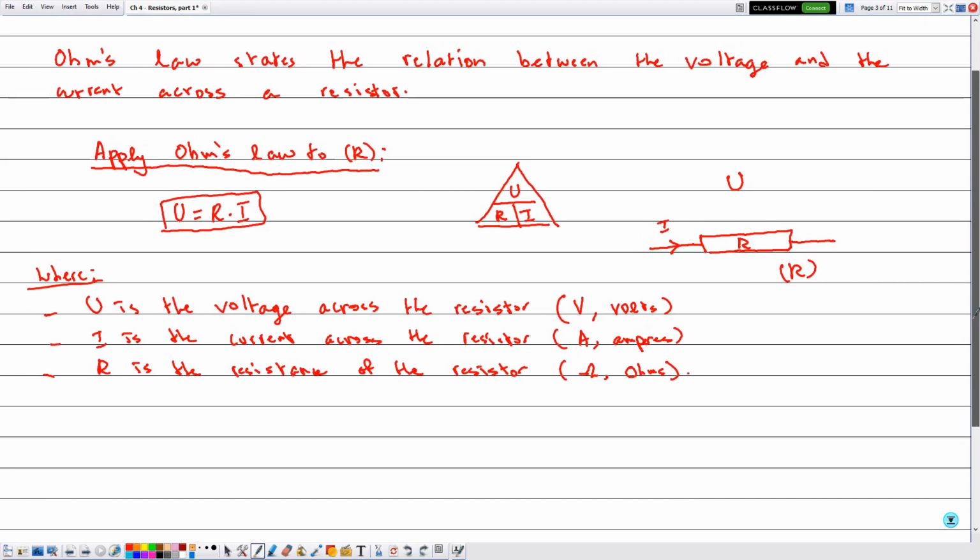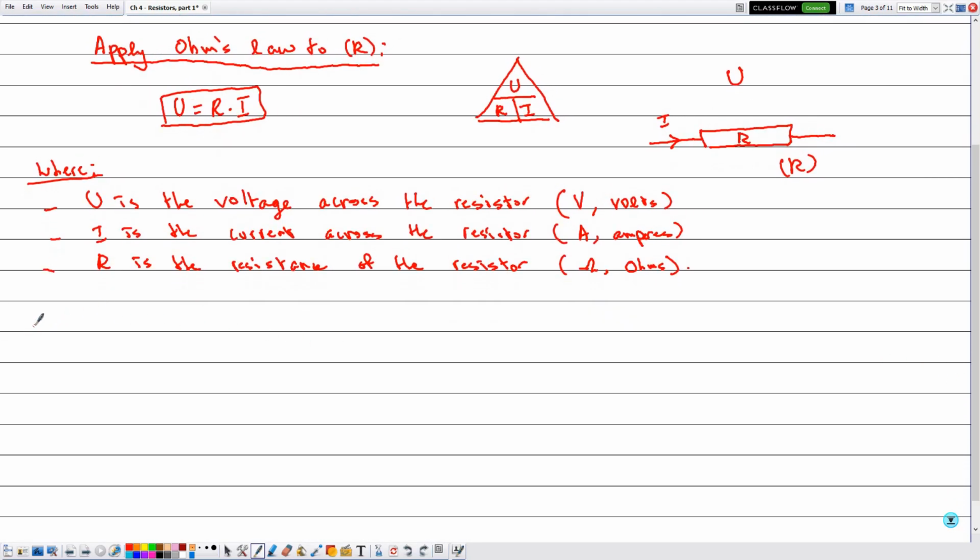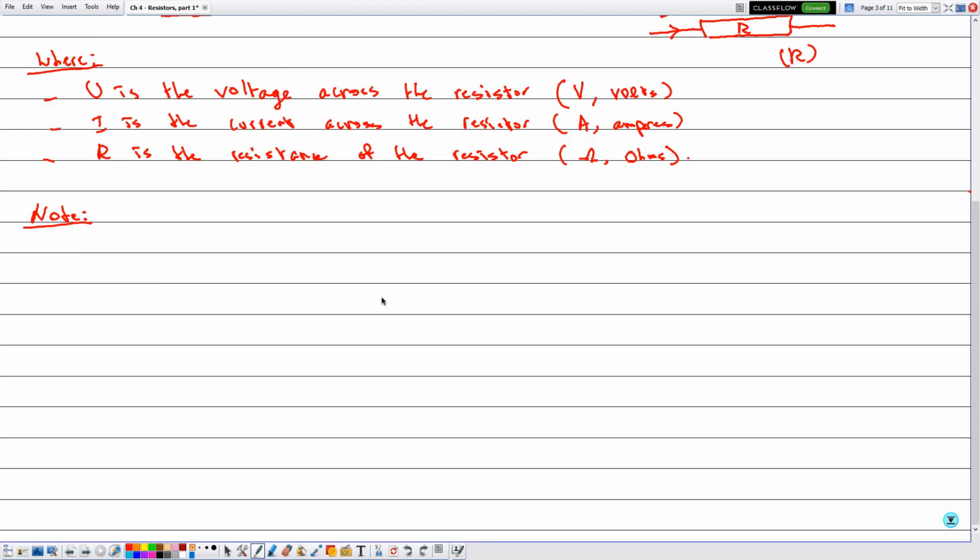Moreover, let me give the following remark. Note: U at the top and I at the bottom, this is given by Ohm's law.